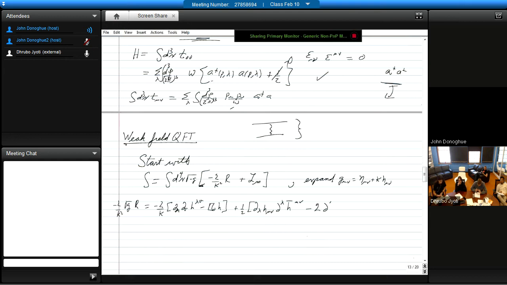Minus 2 d lambda h bar mu lambda d sigma h bar mu sigma. Okay, h bar, with the bar over it, h bar mu nu is h mu nu minus 1/2 eta mu nu h.